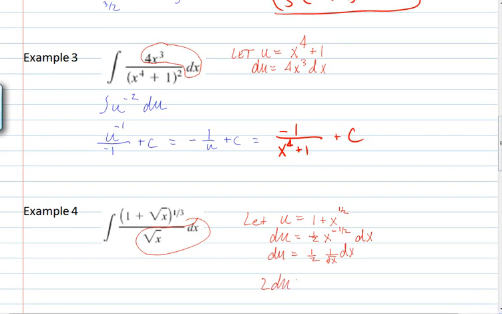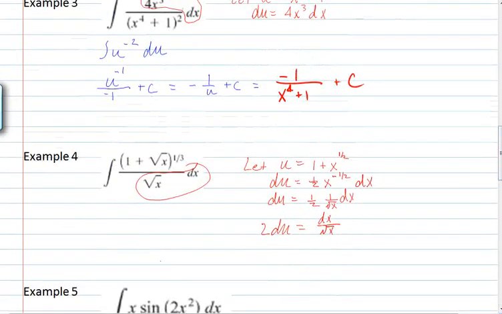2 du is equal to dx over the square root of x. If I take this and I solve it for what I have, the dx over the square root of x, this then is the value that I plug in place of what's circled in red here when I do my substitution.